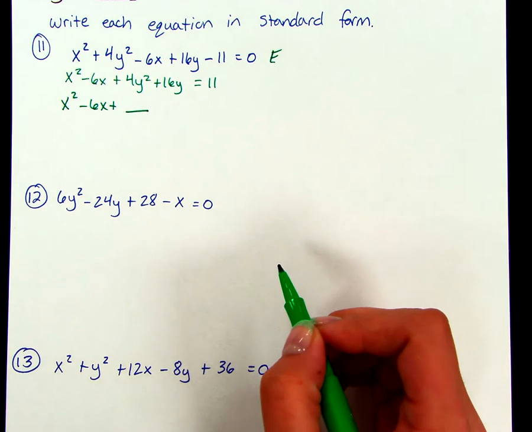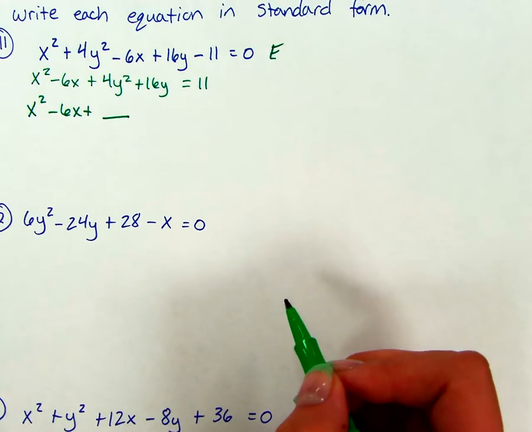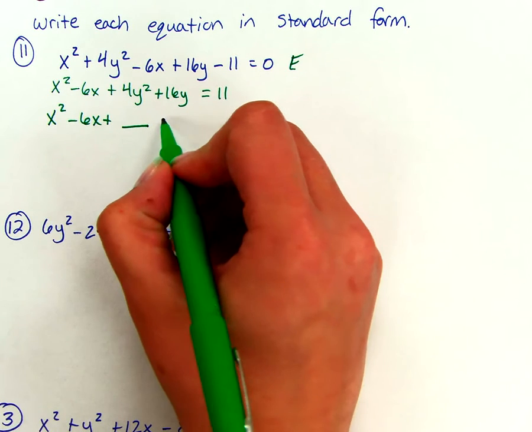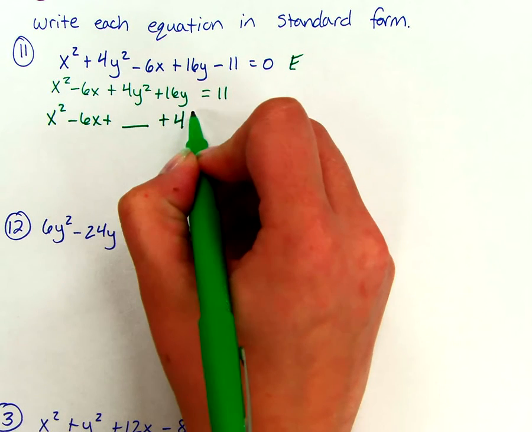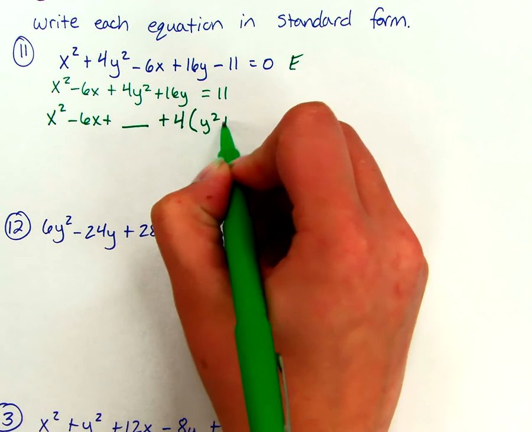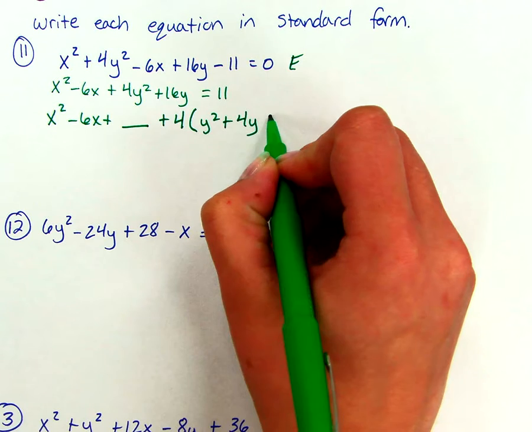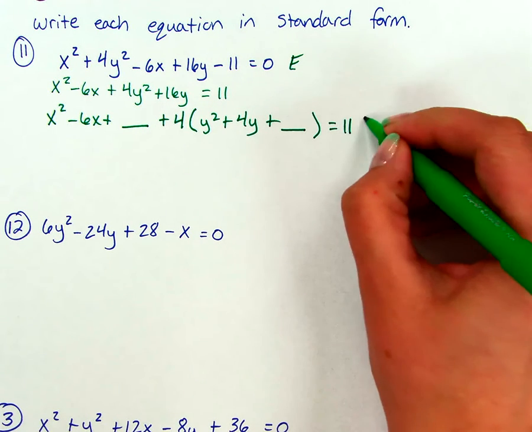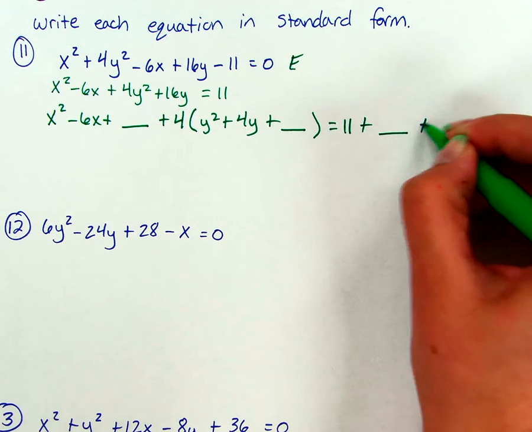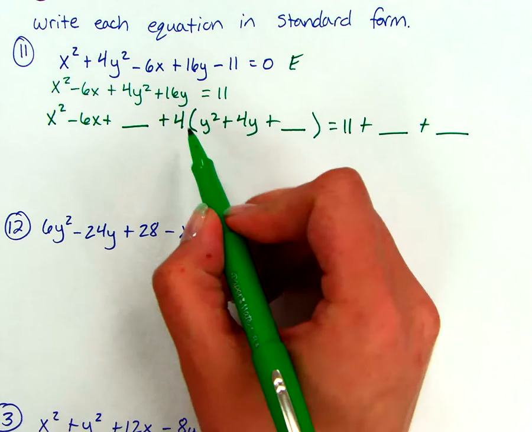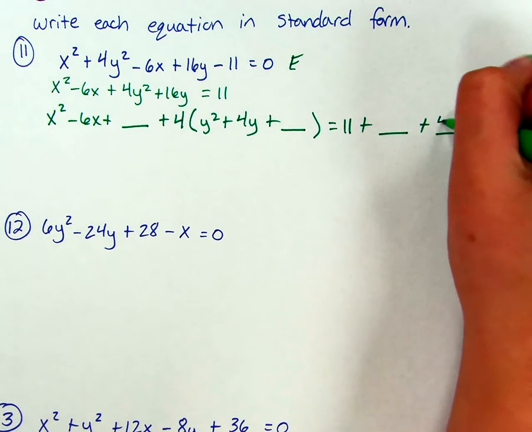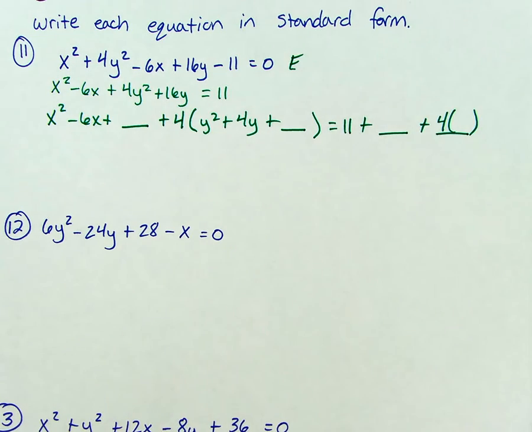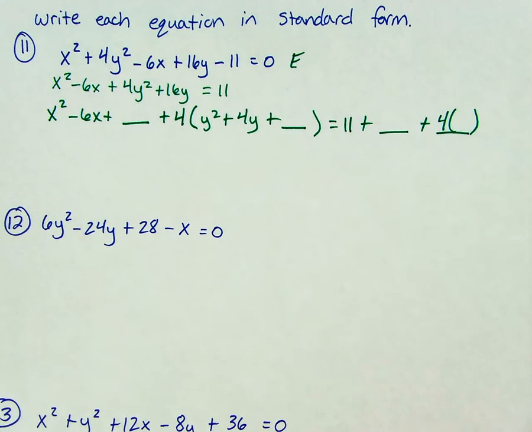And then for the y's, we need to factor out a 4. So plus 4, parenthesis, y squared plus 4y. And then leave room to complete the square, equals 11. And then we are adding those same numbers to the other side. And remember, we factored out 4 for the y, so whatever number we use to complete the square for that one, we need to take it times 4.